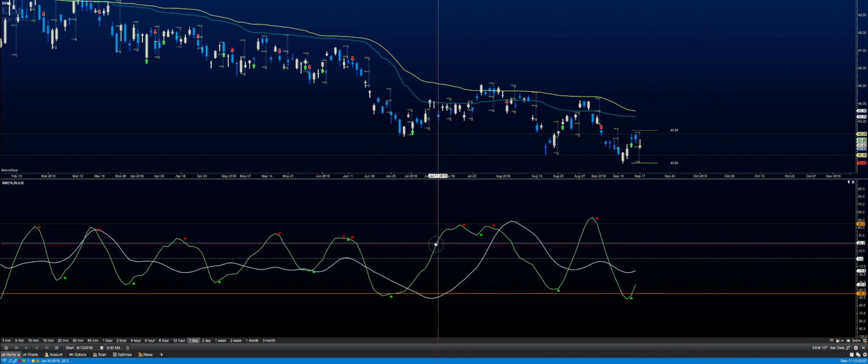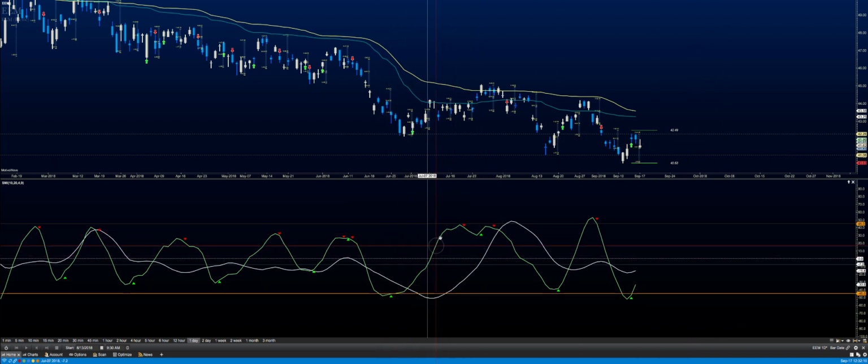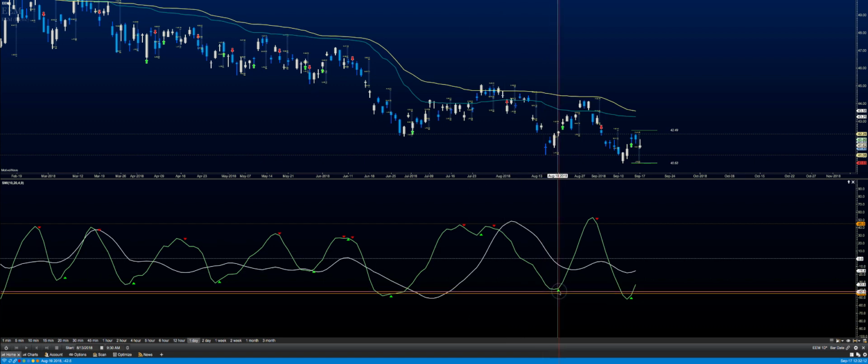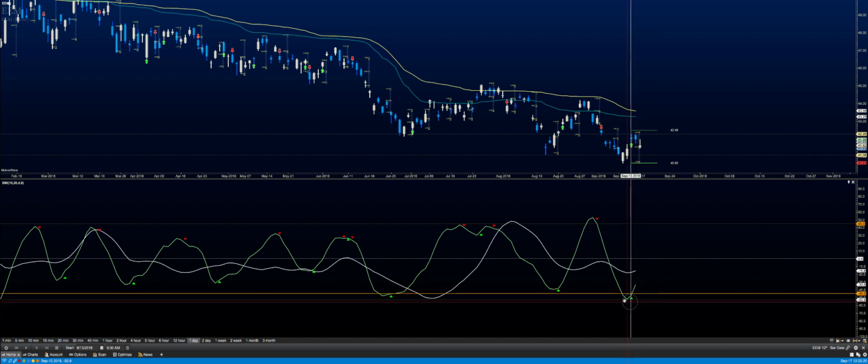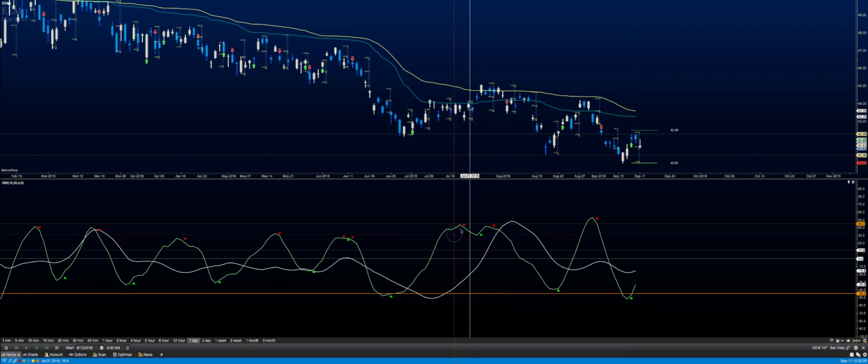Now we're going to look at our fast SMI, and that fast SMI is saying, hey, listen, I'm way down here and I've inflected over this line. So if I've inflected up over this line, that means that other dashed line is giving me a cross.